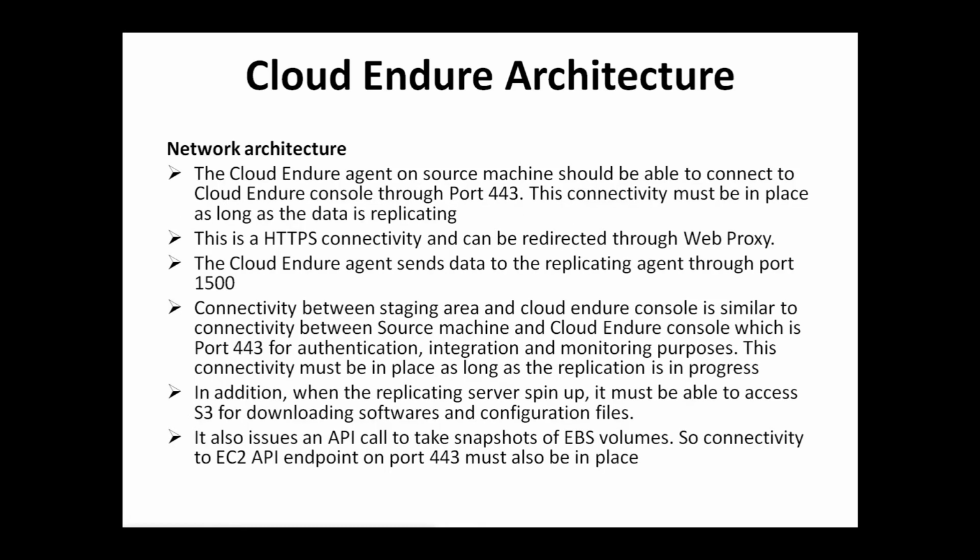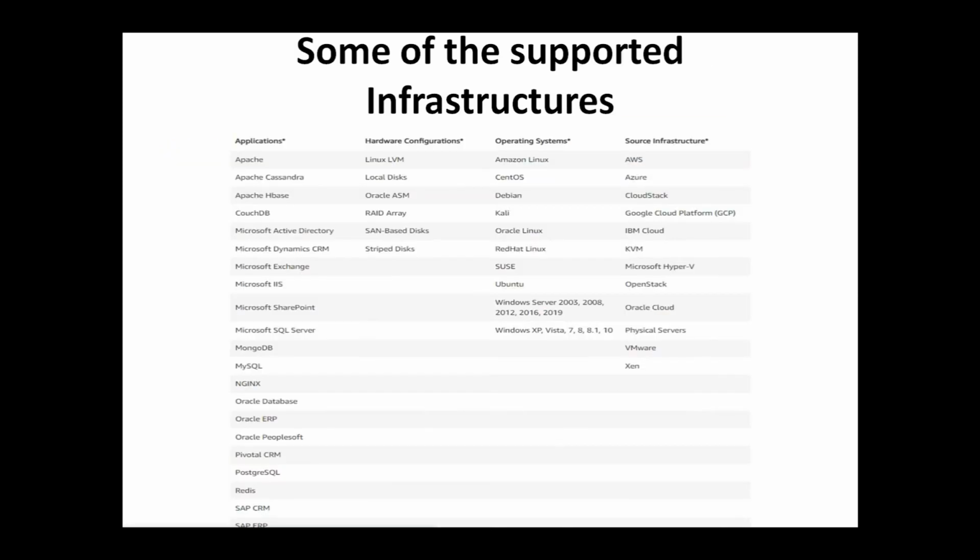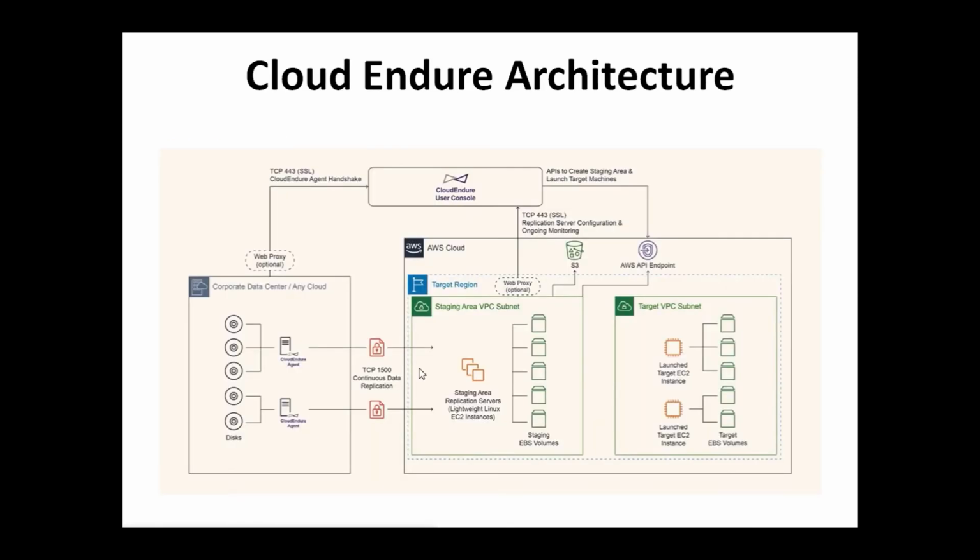Next is network architecture. Let us go to the diagram. As I said, we need to install the CloudEndure agent on the source machine, right? This is the CloudEndure agent here, and it should be able to connect to the CloudEndure console.